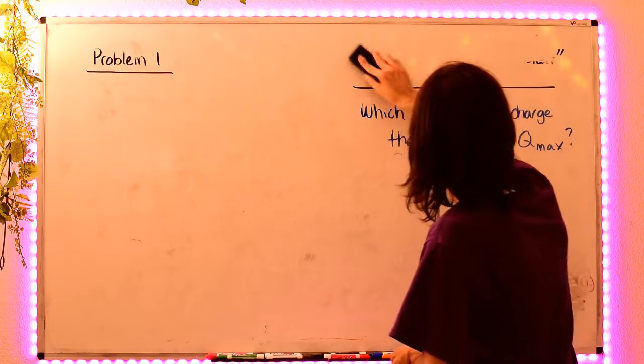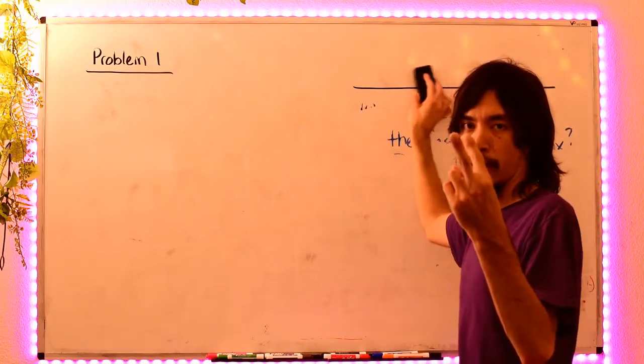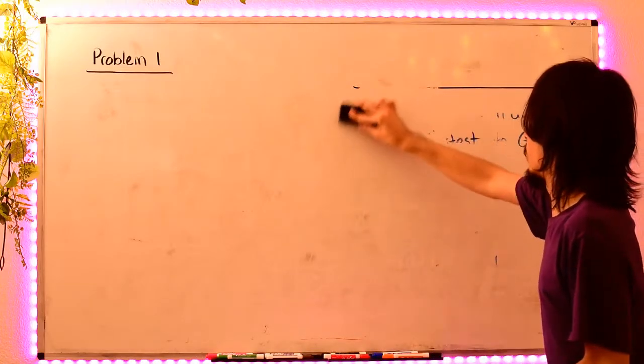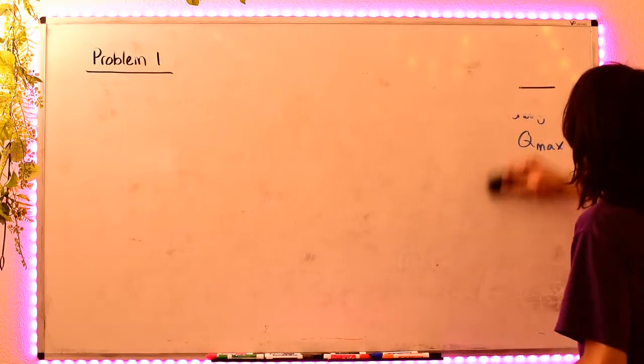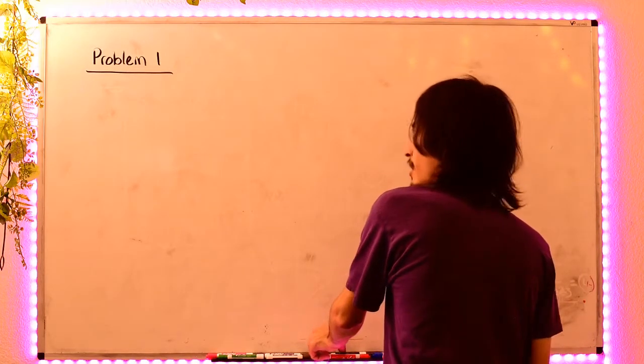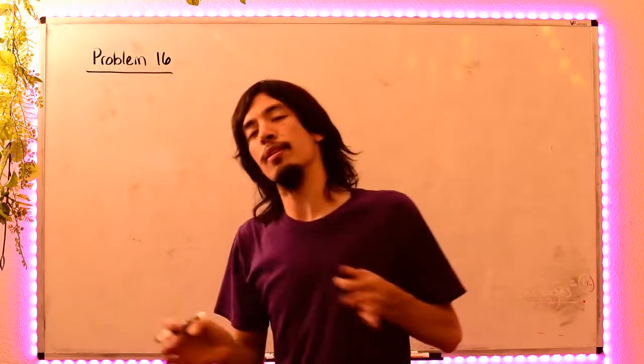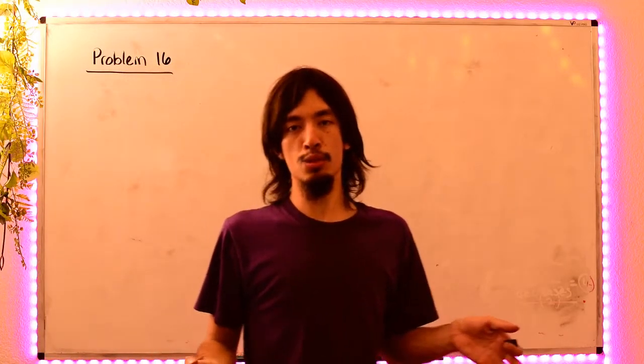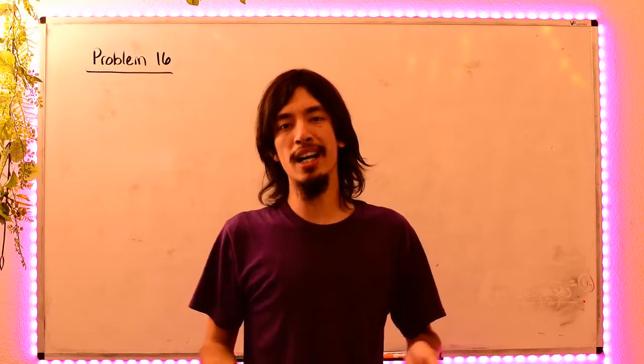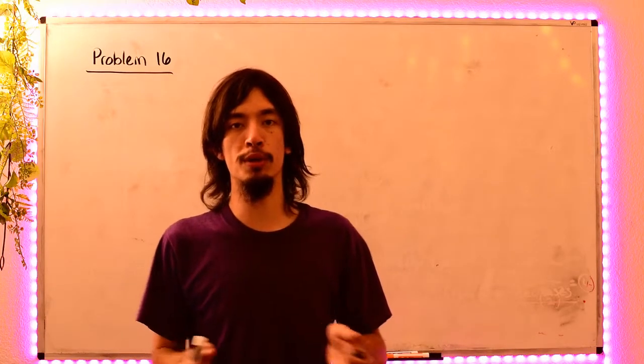Now, in some cases, having those values doesn't necessarily mean you can just do resistance times the current. What I mean specifically, from problem 16, is if these resistors were in parallel, they would not necessarily have the same current through both resistors.